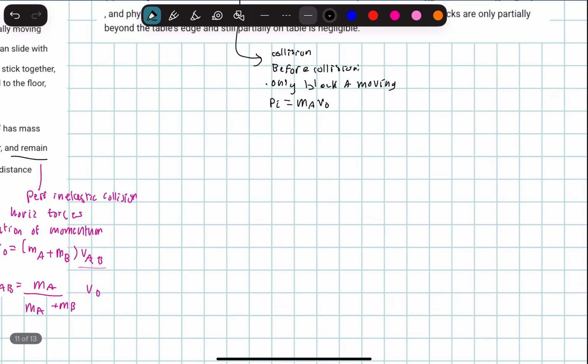But after the collision, the blocks stick together. Because they stick together, we can write that PF is equal to the total mass of the blocks that are stuck together now. And because they're moving as one item, it can only have one velocity, VAB.